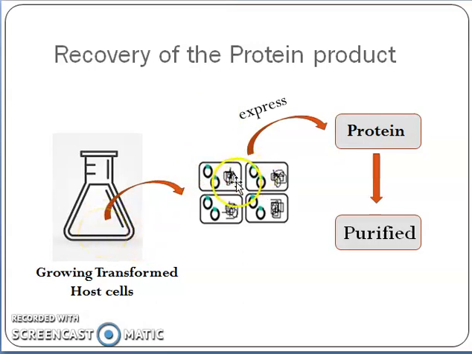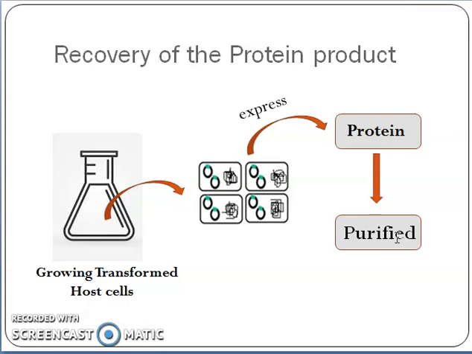So your protein may be intracellular or extracellular, depending upon the pattern of the production of the protein. What you have to do now is purify your protein from the place where it is found. If it is intracellular, you have to break the cells and purify the protein.